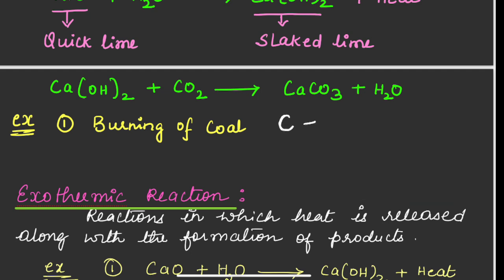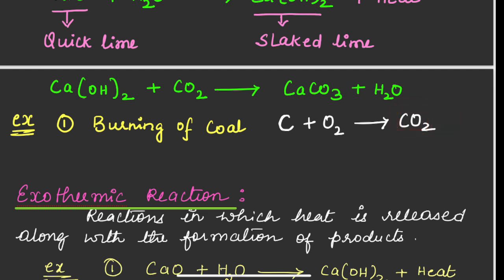So carbon, when it burns with oxygen, what is the product which is obtained? Carbon dioxide will be formed. This is a combination reaction because you can see two reactants are there, 1 and 2, and this results in the formation of only one product. Therefore, this is a combination reaction.